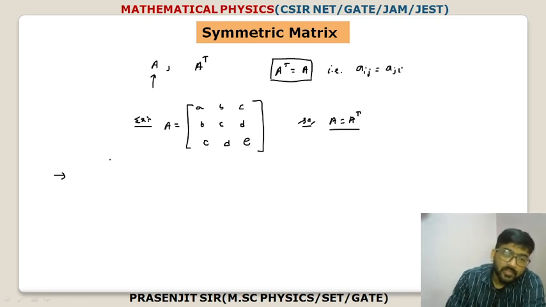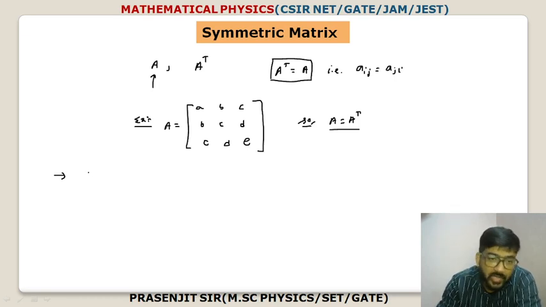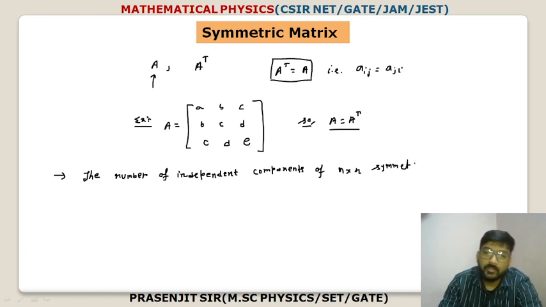Okay, so let us talk about the important statement, that is the number of independent components, so write down in your note also, the number of independent components of an n by n symmetric matrix is half into n plus 1, that is n(n+1)/2.